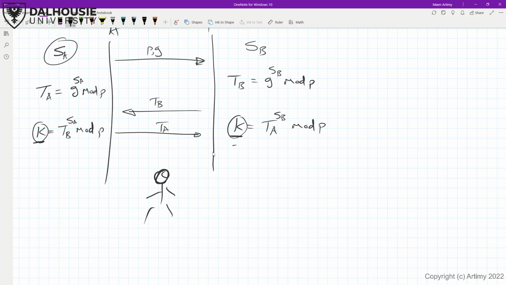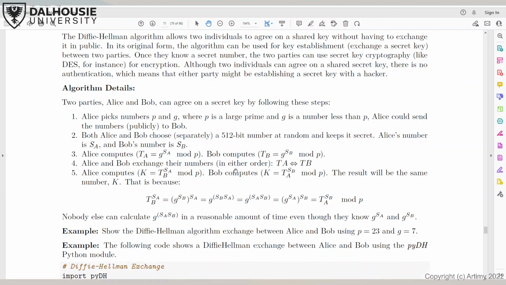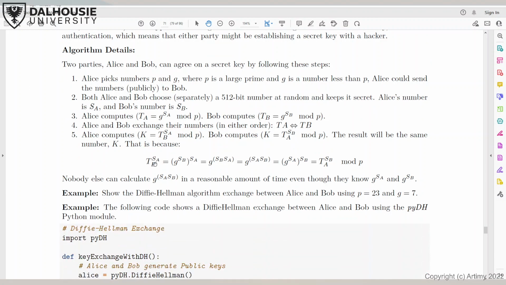Okay, so what was the magic behind this? How did we come up with the same key? Okay. So you can see here from the notes, TB to the power of SA is actually G to the power of SB to the power of SA. So that's G, SB, SA, right?